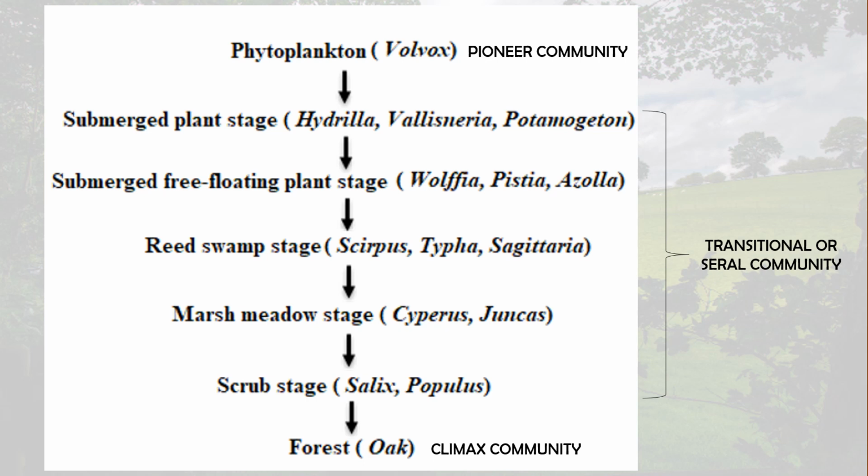Phytoplankton stage is the pioneer community, and in the pioneer community we find some blue-green algae, some diatoms, some bacteria, and these are the first organisms to colonize the pond.